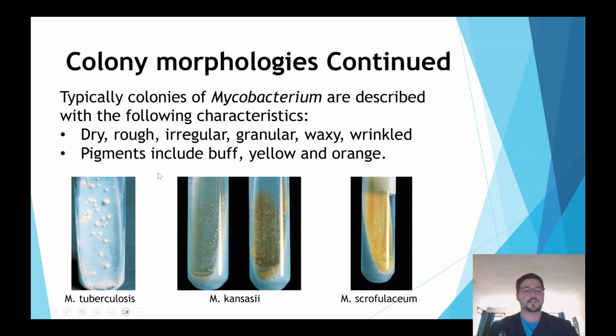And then you can see some different examples of the different chromogenic properties here. Mycobacterium tuberculosis is a non-photochromogen. Kansasii is a photochromogen, and scrofulaceum is a scotochromogen.